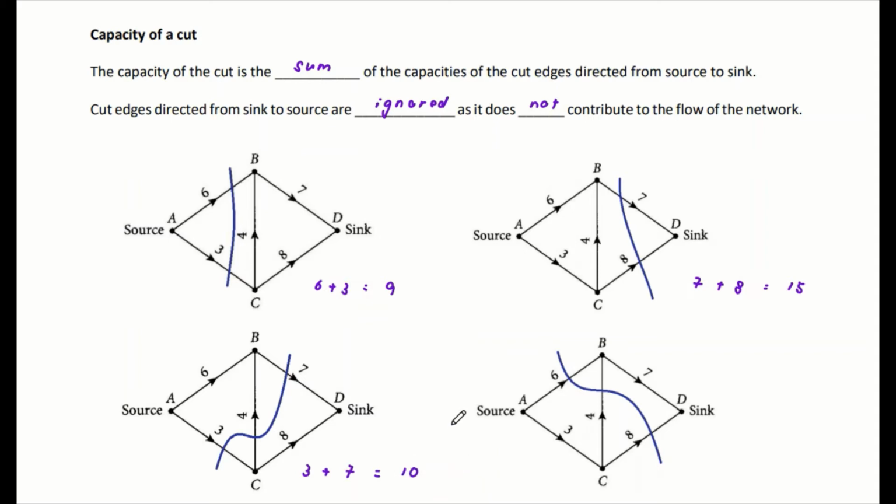Alright, I'll try to explain it with the other idea that I mentioned previously, that you can also understand it by thinking about what is the capacity that you actually stop, right? Okay, so try to imagine like this. Now, this is your source, right? So water flows in here. You can imagine when water flows in here, and there's already a cut here, which means there's no water flowing into here already. Am I right?